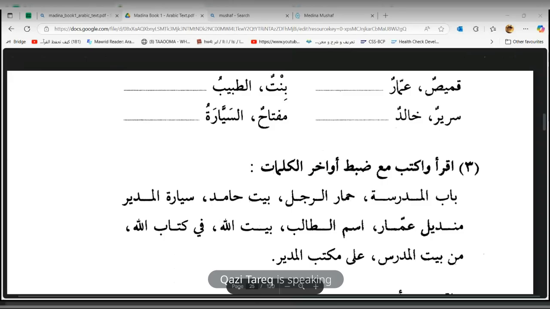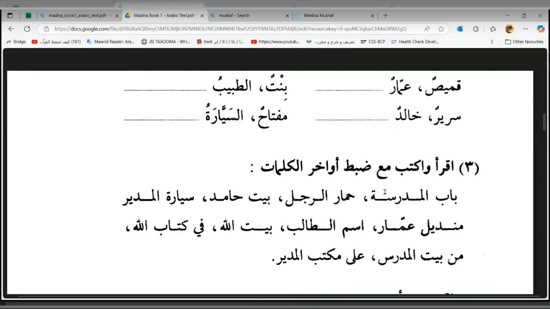One is mudaf ilayh, and the second is if a harf jar comes before, then it forces it to get kasra, like ala, min, ila, an, and so on. Ma'a, fi, and so on. These are all huruf jar.